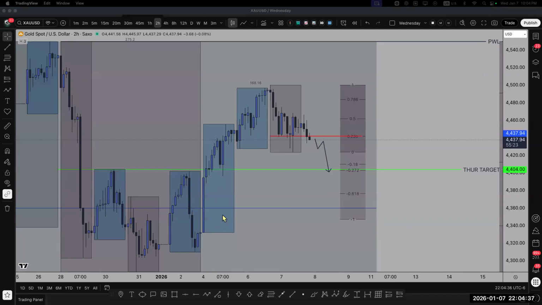We also have in our favor that price may want to balance out about 50% of Monday's candlestick, and that all lines up right there in that area of equilibrium. Once we get there, price may get a bullish reaction, but we'll see. We take it from there.